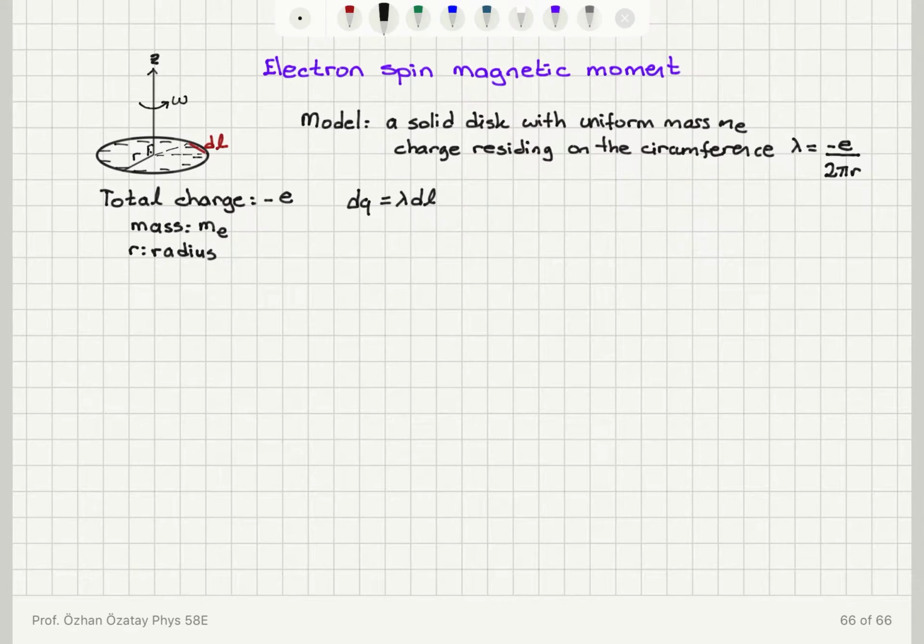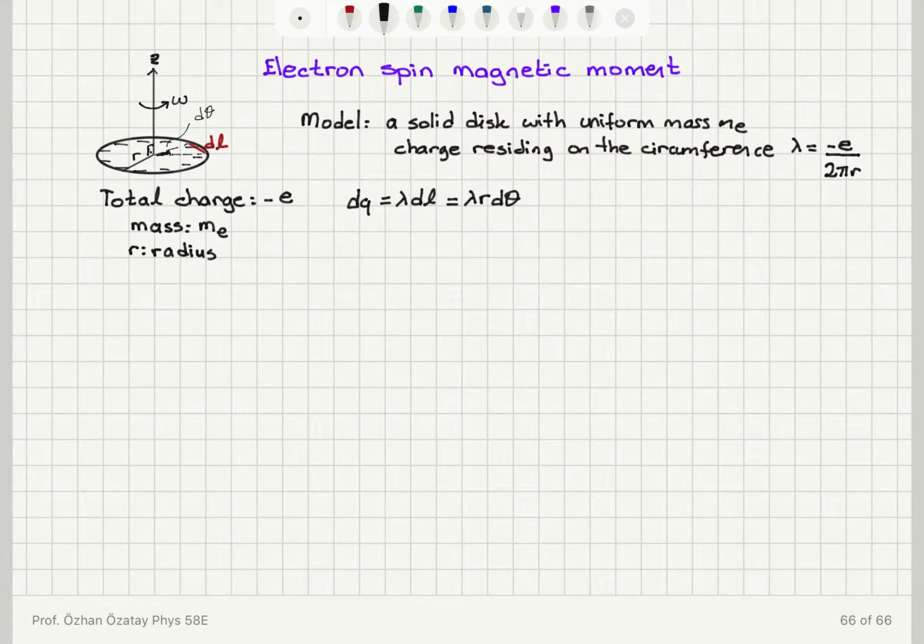And if I have an angle d theta here, that is going to be equal to lambda dl, which is lambda times r d theta.